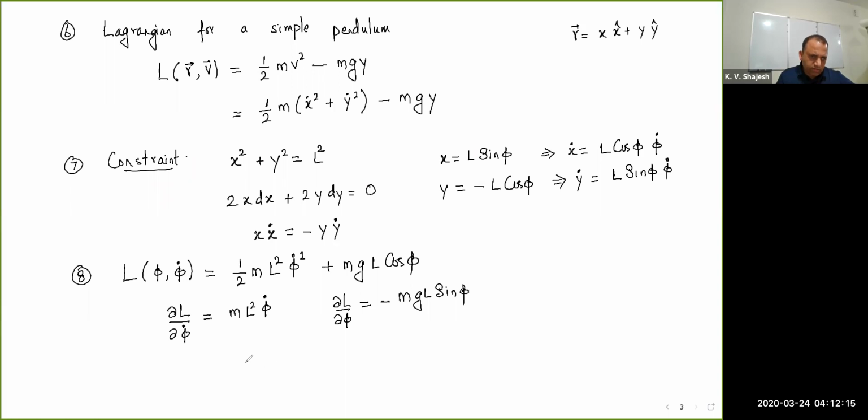So that tells us that m L square phi double dot has to be equal to minus mg L sine phi, which is, of course, the equation that we already saw using Newton's law. No surprise, this is what Lagrangian is all about, right?